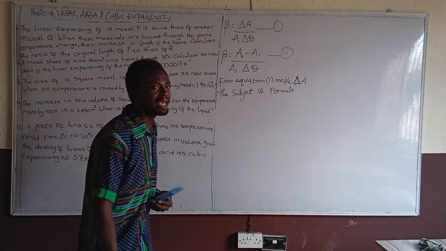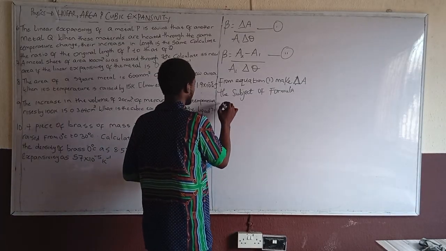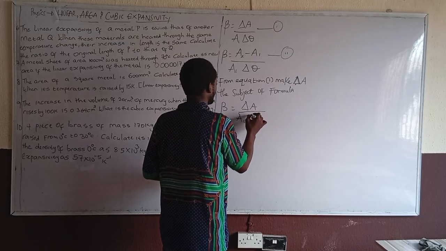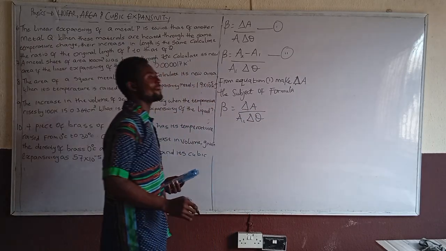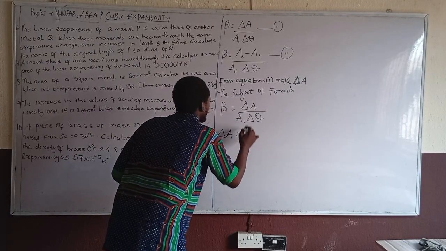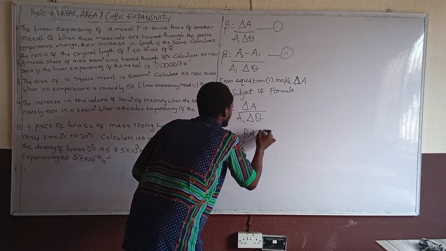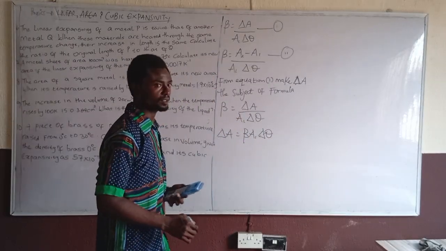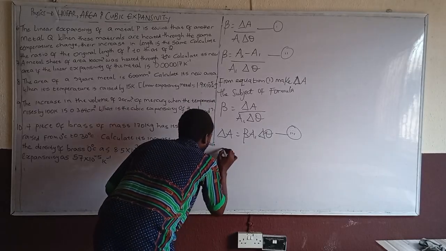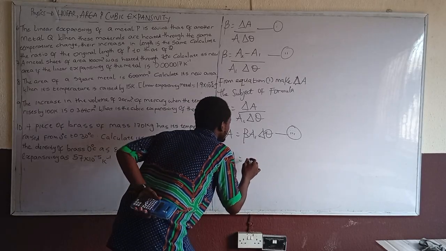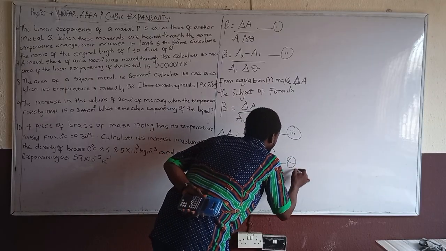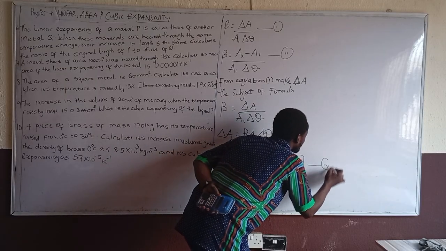So beta is delta A over A1 delta theta. If I make delta A the subject, delta A becomes beta A1 delta theta. I'll call it equation 3. Delta A becomes beta A1 theta 2 minus theta 1. I'll call it equation 4.